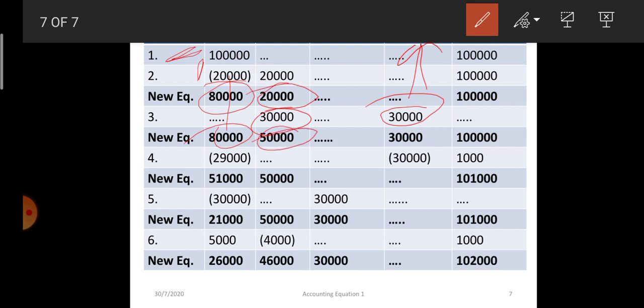Goods increased to 50,000. Creditors increased to 30,000 and capital is not affected, so it will remain at 1 lakh rupees. So the new equation's total, you check, 80 plus 50 is 1,30,000, and on the liability side also the total is 1,30,000. Both sides are equal.